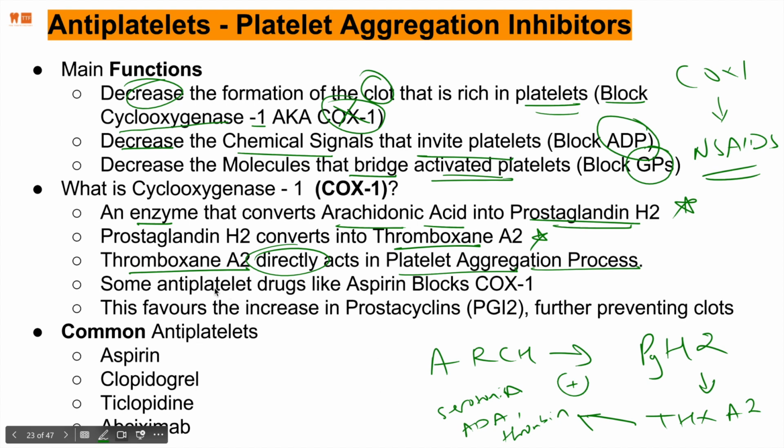Some antiplatelet drugs like aspirin block COX. Right here, they block COX. No H2, no thromboxane, no platelet, nothing. All of that is gone. This favors increased levels of prostacyclin, and therefore clots are prevented.